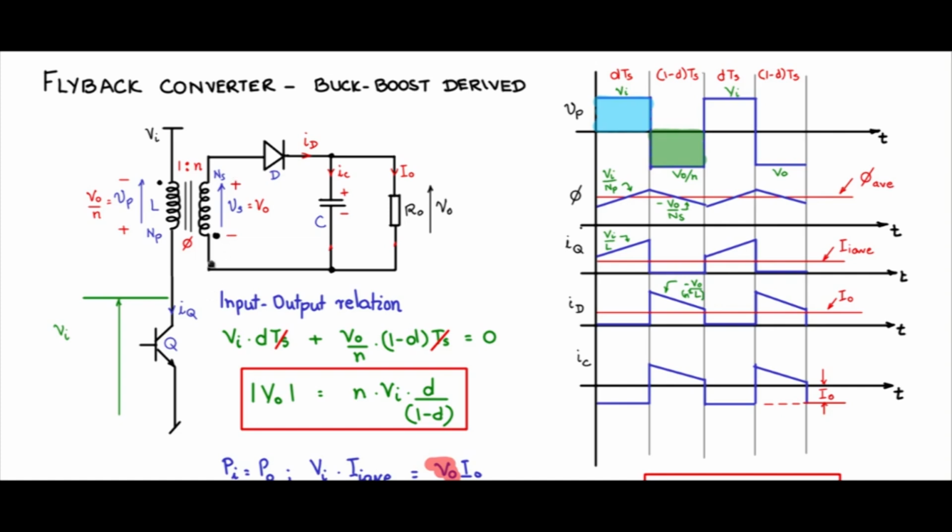When the transistor is off, the diode is on, there is V0 across it, and on the primary side it is V0 by N with plus minus polarity in this fashion, plus this Vi. So you have Vi plus V0 by N together coming across the collector emitter of Q. So you will have to rate the VCEO rating of Q to be greater than Vi plus V0 by N.